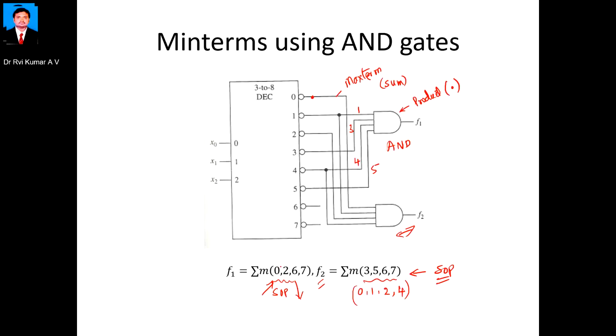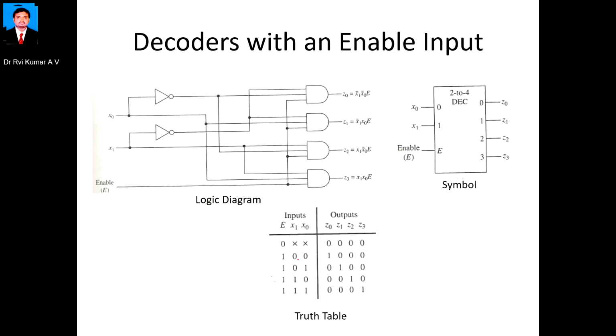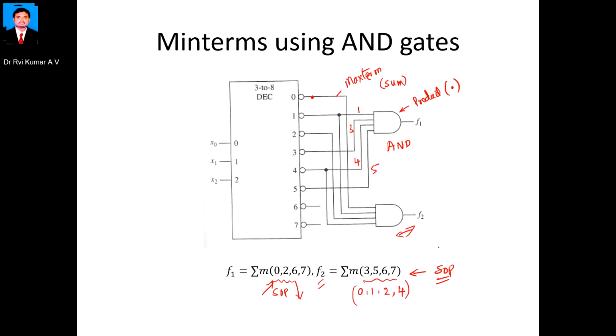If you want to use the same terms, you can use a NAND gate. Let's say I take f3 as product of M 3 4 and 5. This is all in POS form, product of sums, so I can directly take the values 3, 4 and 5.